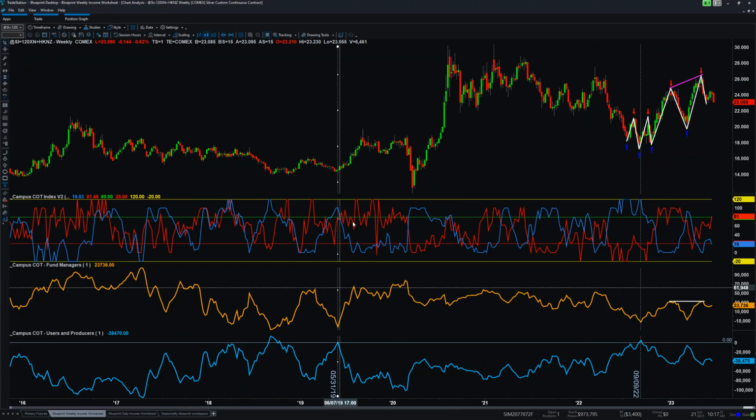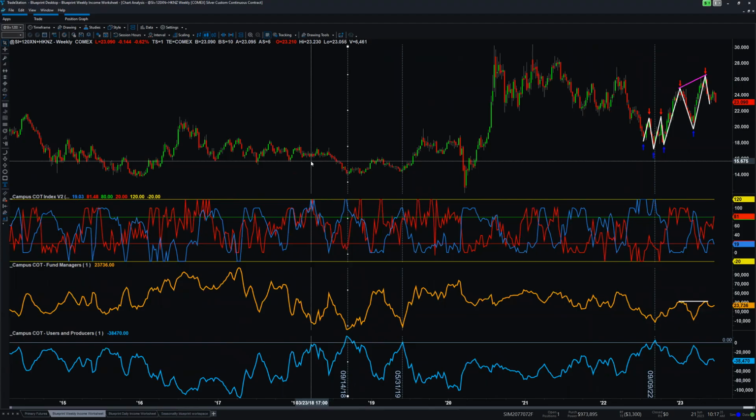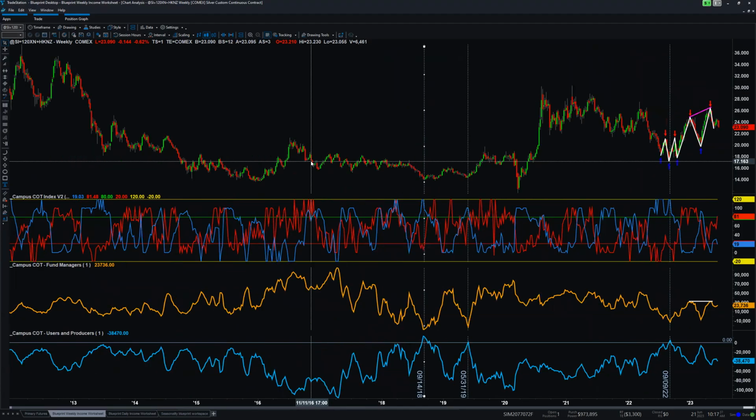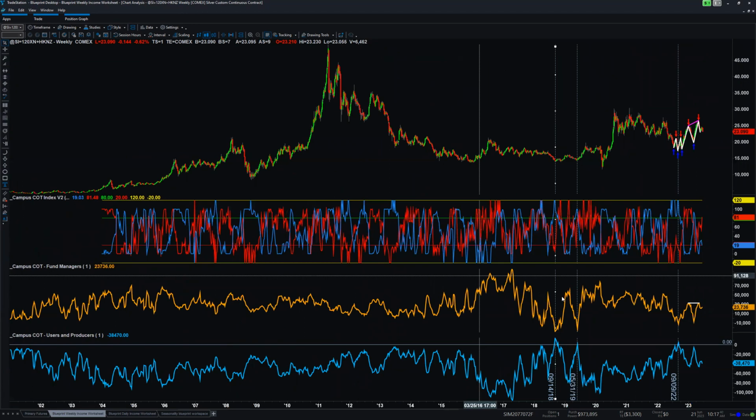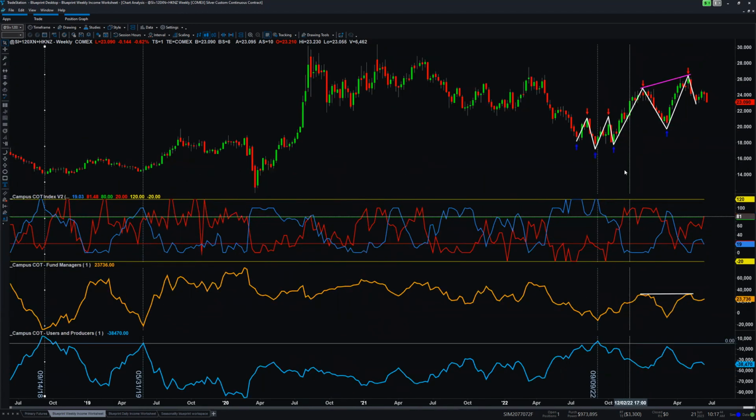Here we were net long, big uptrend, just up until Corona. Here we were net long. This was a big buy as well. And then they've never been net long ever since. So this being the most powerful net long so far, but on silver as well. If we go net long, man, we better be buying, right? We better be buying.